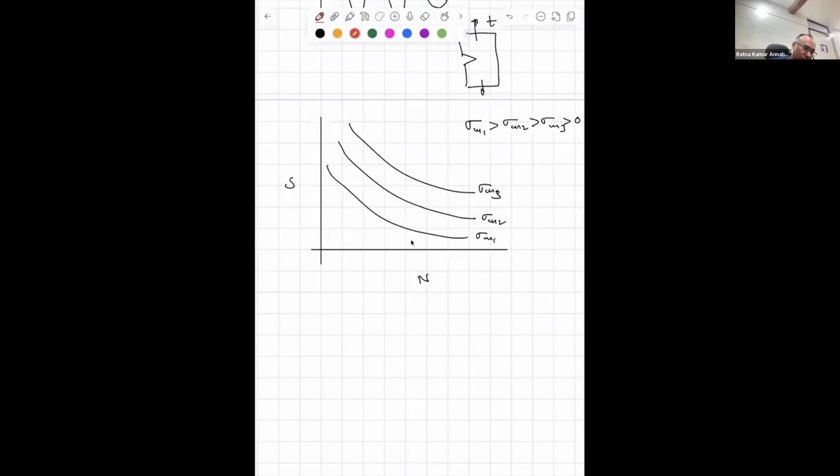Now, if I take a particular life, let us say this is n1 number of cycles. That means if the component fails at n1 cycles, that corresponds to sigma A1, sigma A2, and sigma A3.